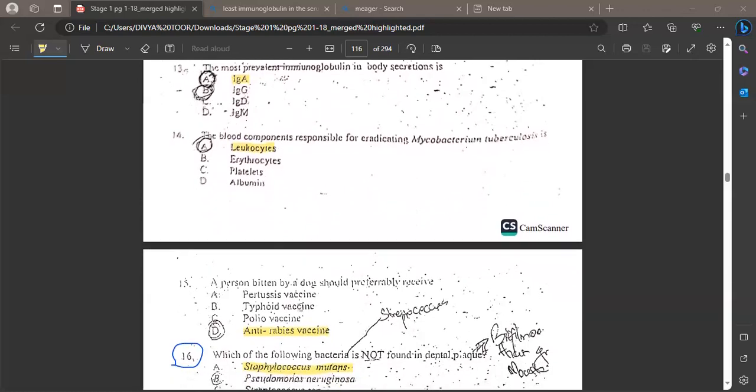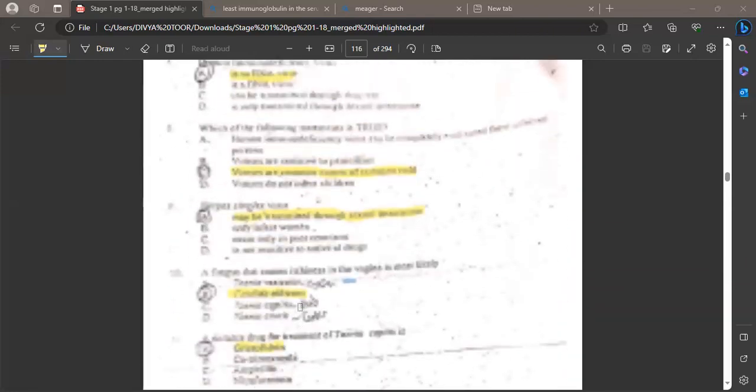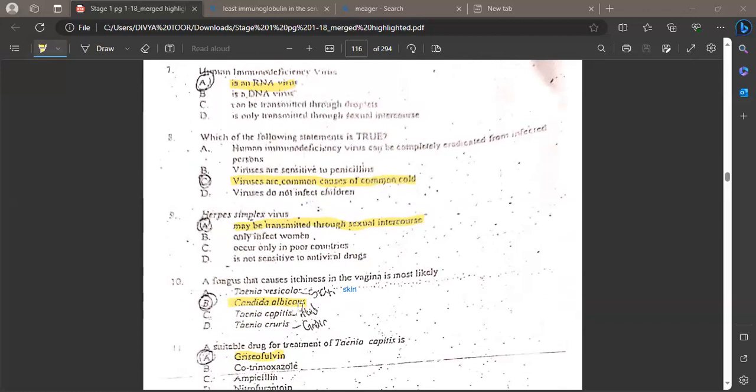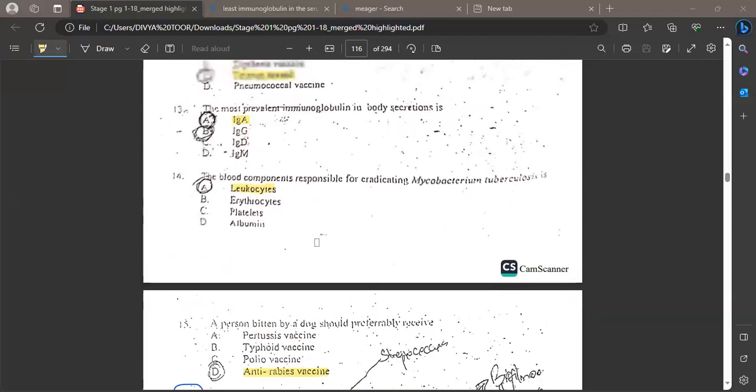That's leukocytes. Okay, so there was only one question on immuno here. It's IgA, you agree, Stano?